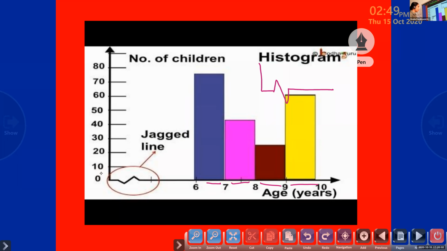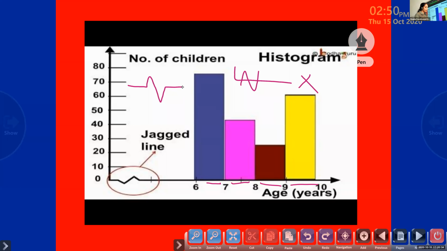Listen, children, I used to see some children draw like this. This is wrong. What is proper? You have to draw it like this, with a connection, like when an ECG is taken.